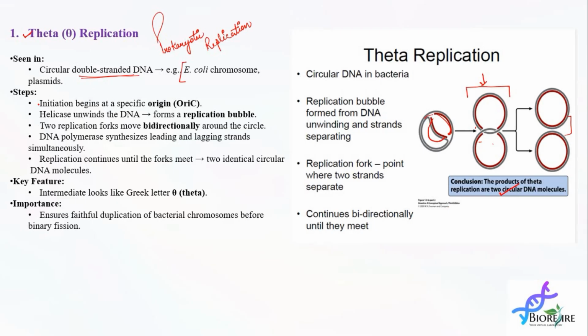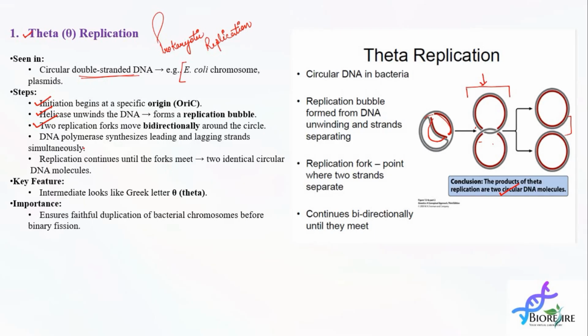It will initiate at the ORI region. Helicase will bind, and then it is bidirectional. Then DNA polymerase will bind, the leading strand and lagging strand will form, and DNA will replicate.